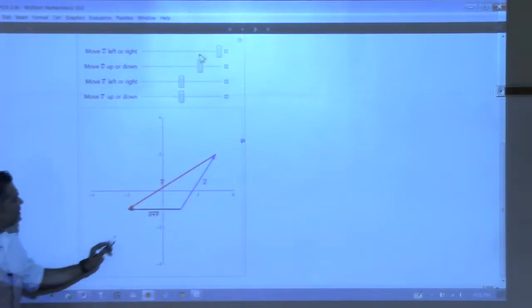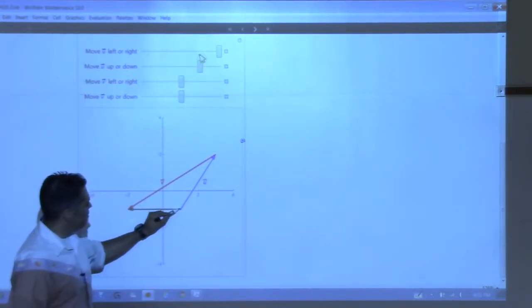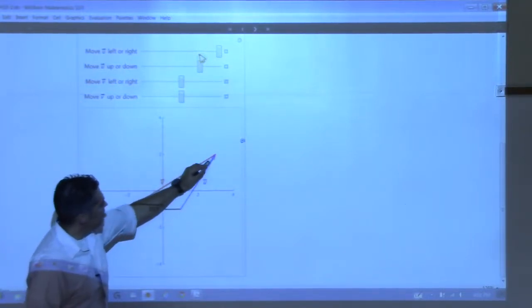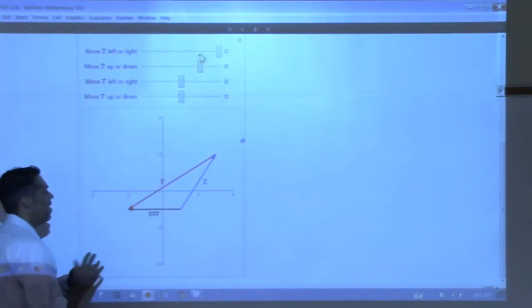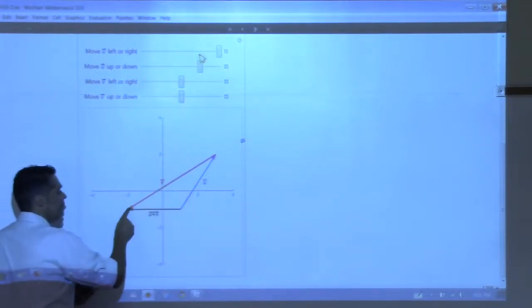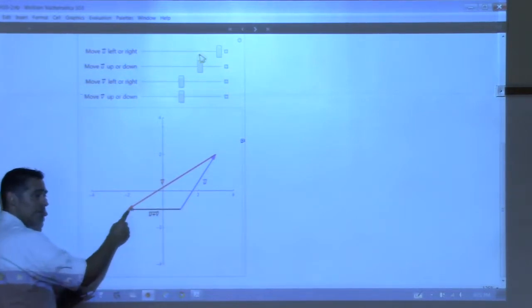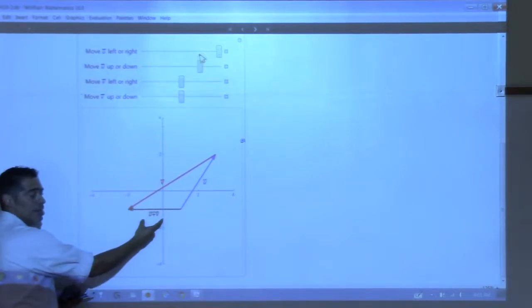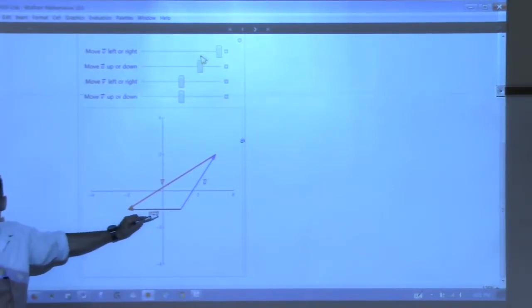This is the tail of u, and there's the tip of u, and there's the tail of v and the tip of v. If I attach the tip of u to the tail of v, then the vector going from the tail of u to the tip of v is, visually, the sum of those 2 vectors. So this black vector right there is the vector u plus v.